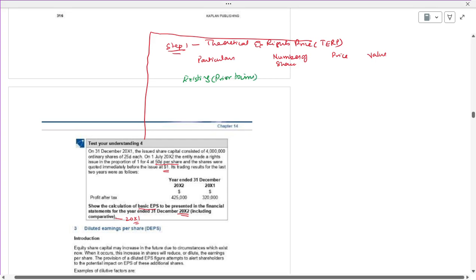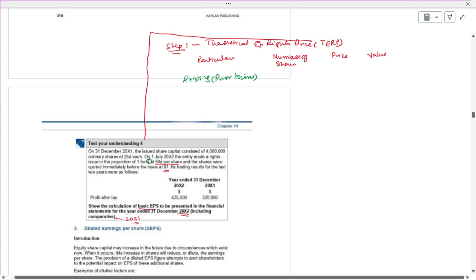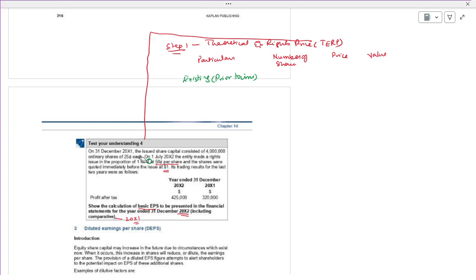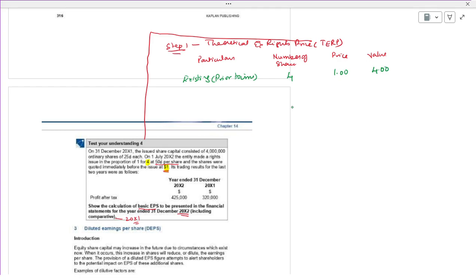They are using 4 shares. What is the market value of that? The market value is 1. We should not take book value; we have to take market value. 4 shares, price is 1, so the total value is 4 in dollars.